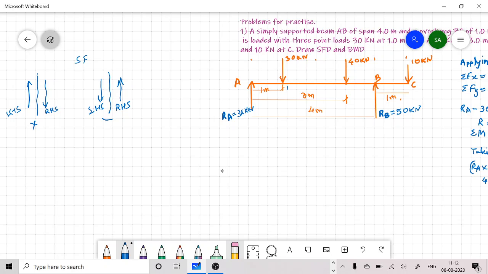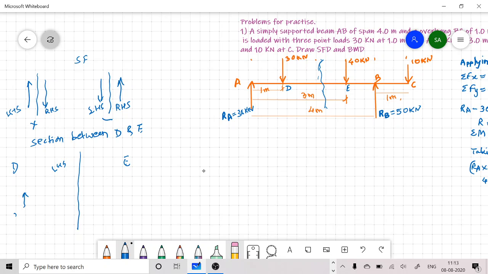Suppose this is D, this is E. Now let us consider a section between D and E, somewhere here. Here on this side D, on this side E is there. Now if you consider the LHS, left hand side of this section, there are two forces.